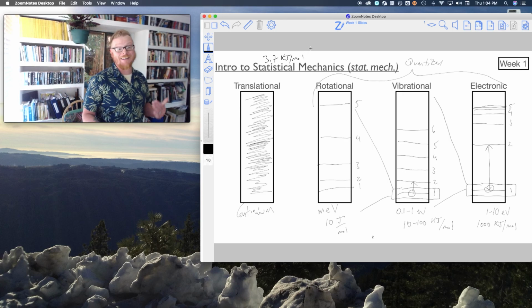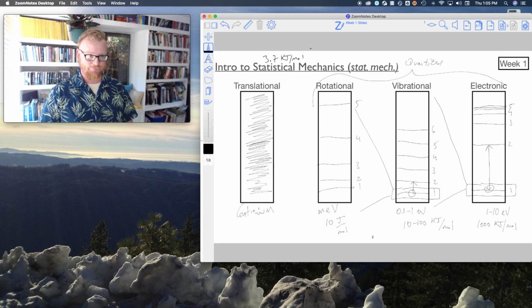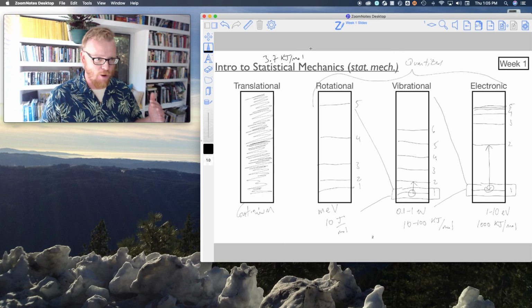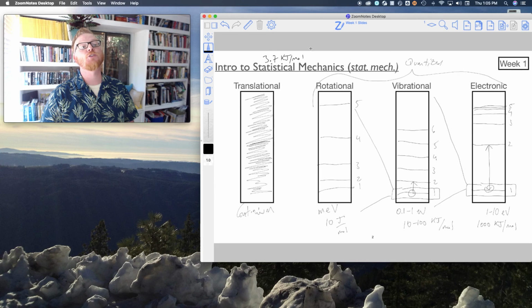So what does that number mean? What that number means is at 298 Kelvin, a noble gas, and we'll talk about how to scale that up for molecules and such, has 3.7 kilojoules per mole of available thermal energy.